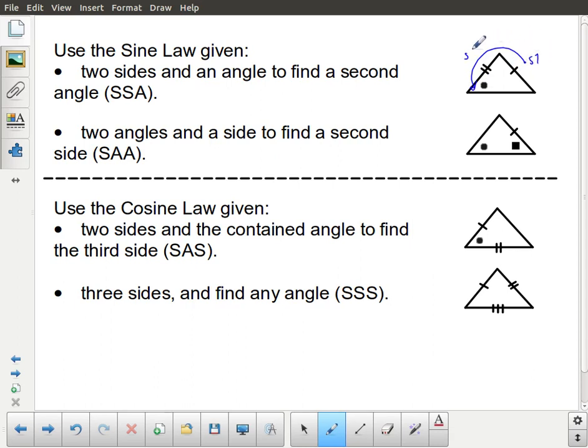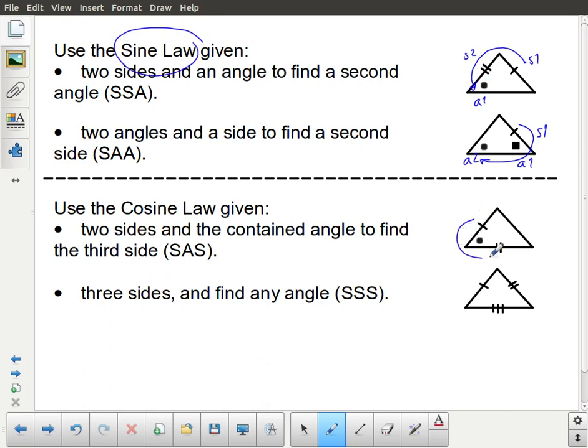I get to here, there's side 2, and then I get to here, that's angle 1. Side, side, angle. Whereas if I do this one, in order to go in the order of things that I have here, I have side 1, angle 1, angle 2. This one is side, angle, angle. So if you have either of these two configurations, your knowns and unknowns are going to lend themselves to using the sine law.